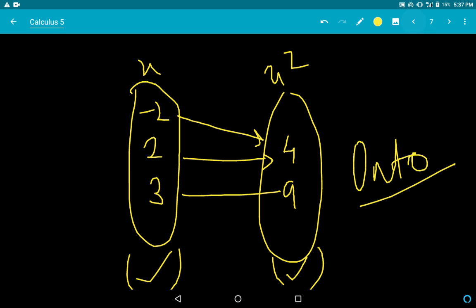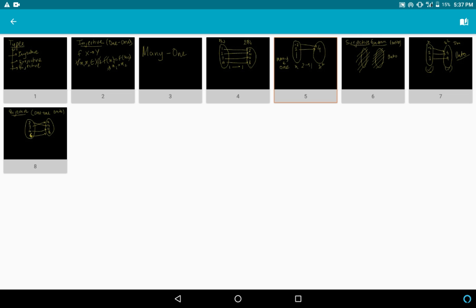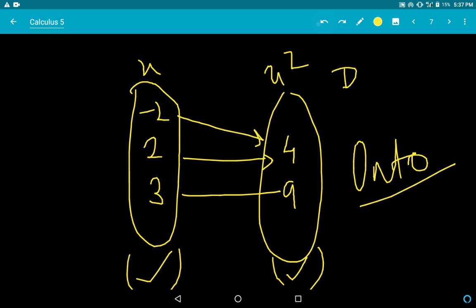Or you can smartly say onto is nothing but when the codomain is equal to the range. I told you earlier that the range is a subset of the codomain, but here the codomain is the range, or the range is the codomain, whatever you say.